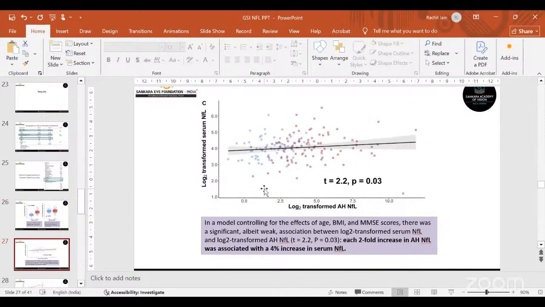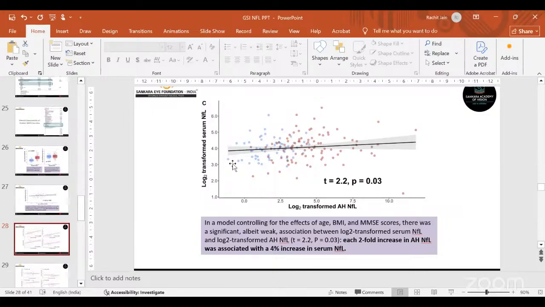In a model controlling for the effect of age, BMI, and MMSE, there was a significant, albeit weak, association between log2 transformed serum NFL and log2 transformed aqueous humor NFL. One interesting finding was that each twofold increase in aqueous humor NFL was associated with a 4% increase in serum NFL. So, with increase in aqueous humor NFL, the serum NFL was increasing, but the increase is not much. With a twofold increase, the serum NFL increased only 4%.